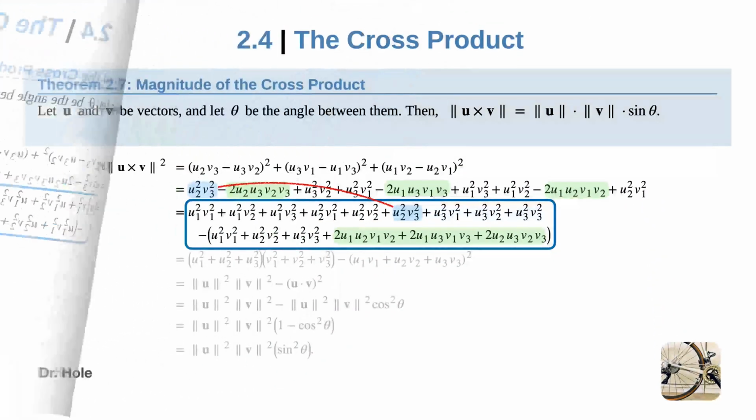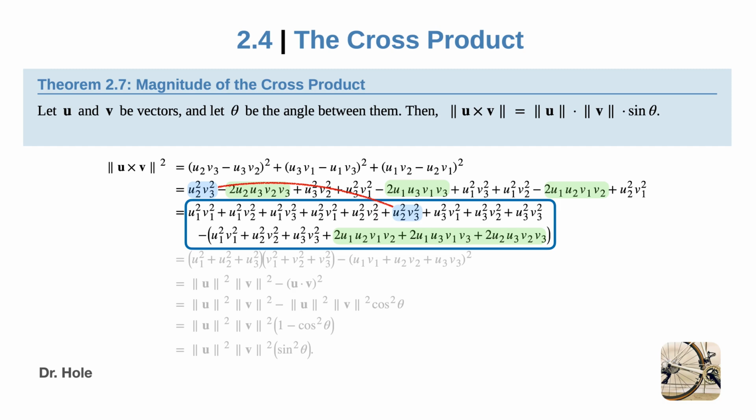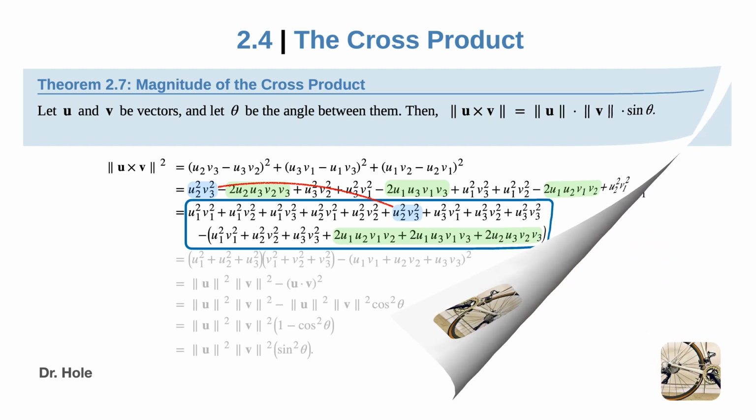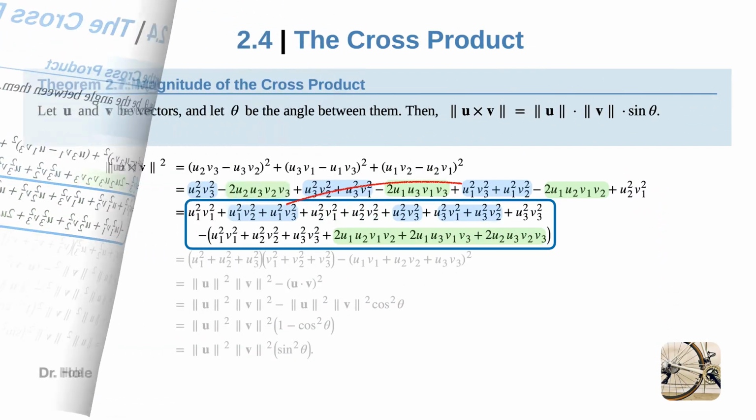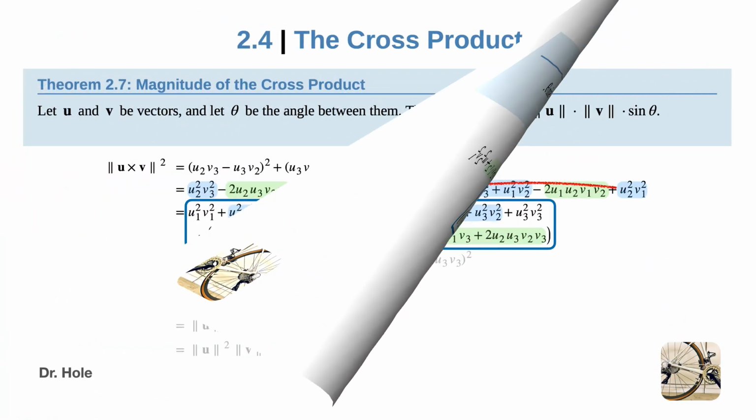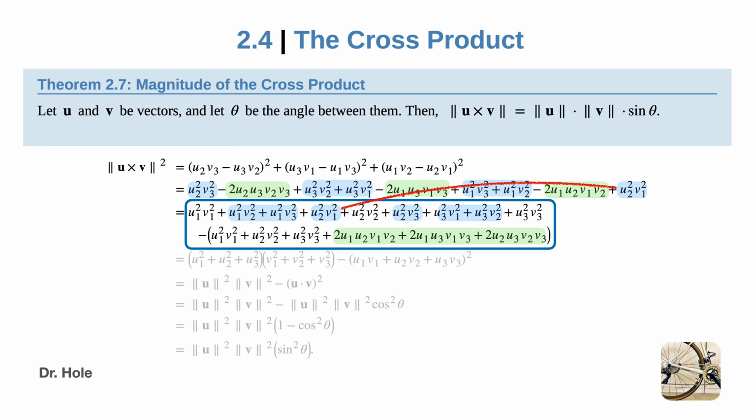Let's continue to add terms from the second into the third line. And again, and again, and yet again. Good. Now the second line has all of the terms highlighted. But in the third line, there are unhighlighted terms.